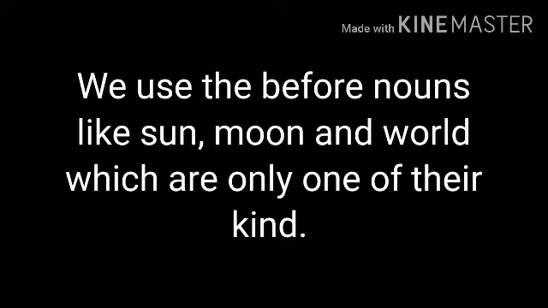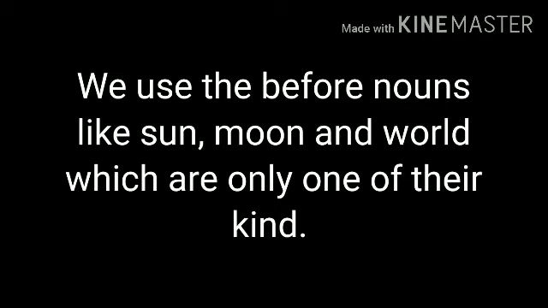Only one moon that we can see and only one world that we know, isn't it children? Yes. So we are talking about one thing that is very specific, okay children. We are saying there is only one sun and only one moon, isn't it? So before these words we should use what? The, okay children.